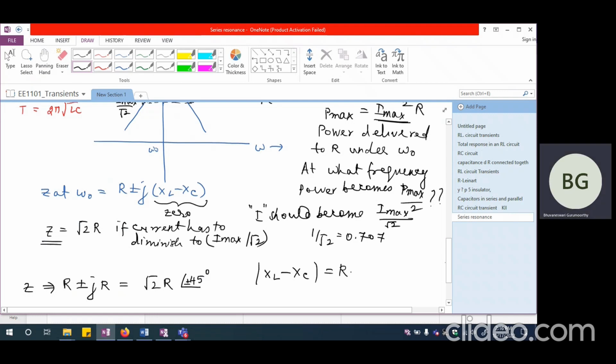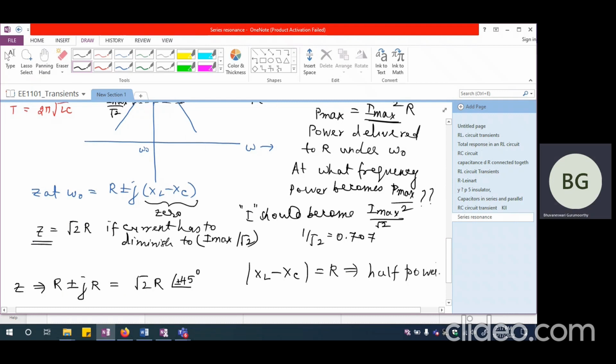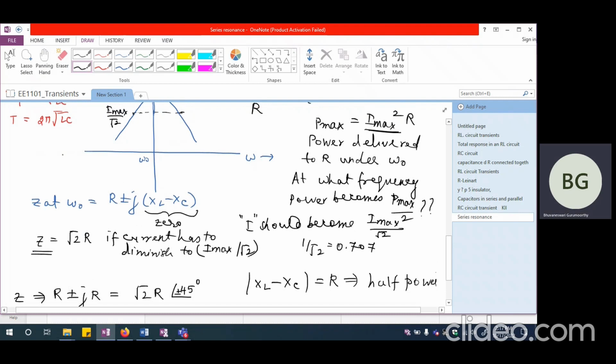That is the condition for having half power delivered to the resistance. When will half power be delivered to the resistance? Only when the magnitude of XL minus XC is equal to R. And we said that capacitance will be dominating at low frequency, whereas inductance will be dominating when the frequency is high.